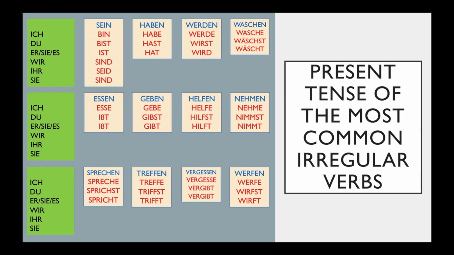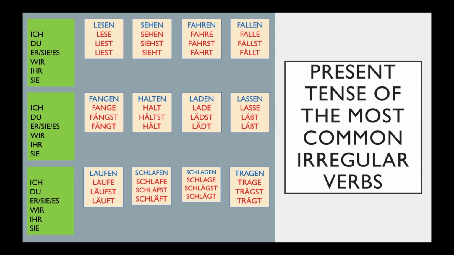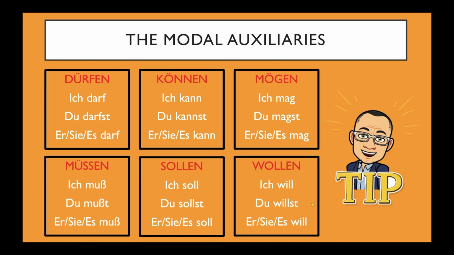You need to remember the first three forms because they are irregular, but not the wir, the ihr, and the sie form. And here's another slide with irregular verbs. You can pause the video if you want to write them down. Some verbs are very, very important. The modal auxiliary verbs.